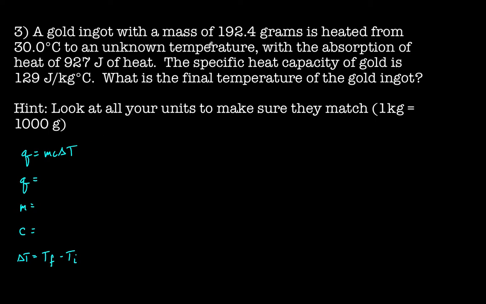Heat, I am absorbing heat this time, and I am heating up. So this is an endothermic process, meaning that I have a positive 927 joules of heat. My mass then is 192.4 grams, and my specific heat capacity is just 129 joules per kilogram degrees Celsius.